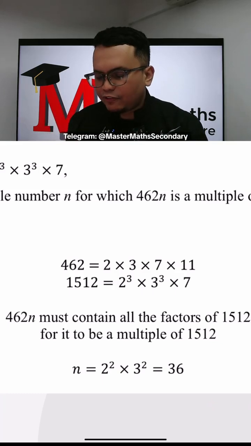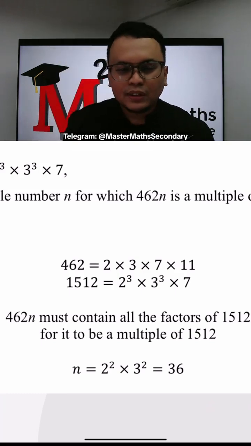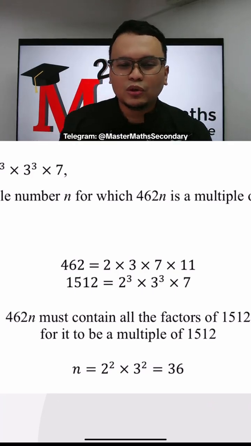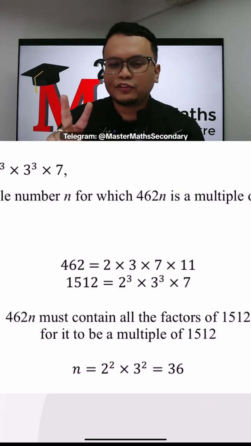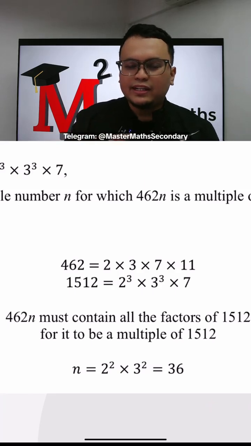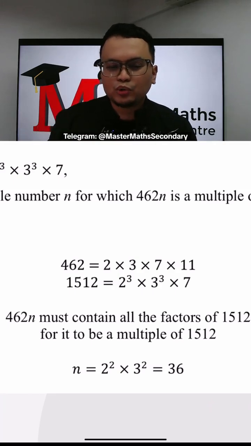Notice also in 1512 there's a 3 cube, whereas we only have 3 power 1 in 462. So again, we need another 2 more 3s, 2 more factors of 3. So we need another 3 square to actually get that 3 cube, which is why your n square is made up of 2 square and 3 square.